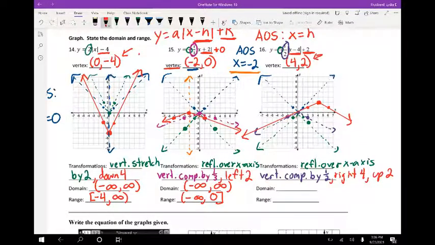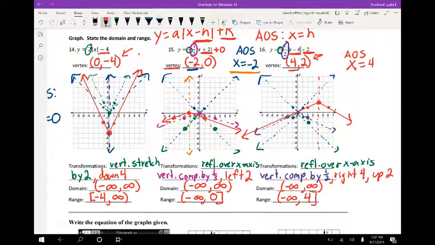So again, I do want to mention the axis of symmetry is going to be x equals the x value of our vertex, which is 4, right? That's a vertical line. It's where we can fold our graph over on itself. Again, our domain is always -infinity to infinity. And our range, again, our graph was reflected and shifted up. So our range will also reflect and shift up.